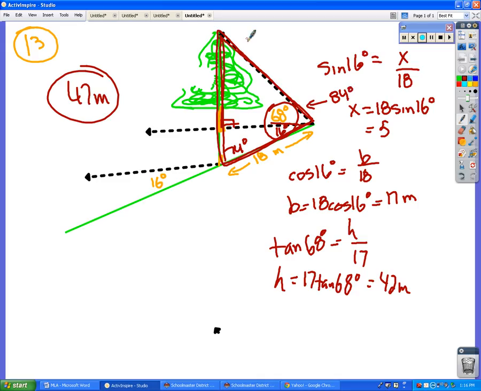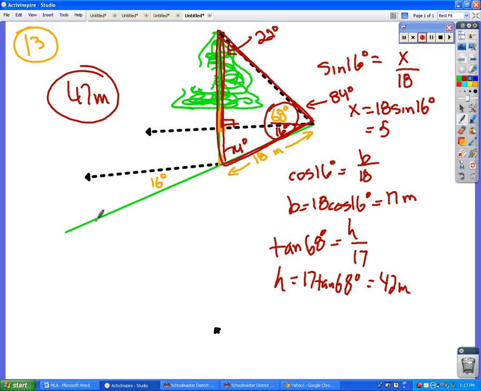And then I know that this angle right here is going to be what? This is 84, this is 74, so together those add up to 158. 180 minus 158 is what? 22. 22, okay?